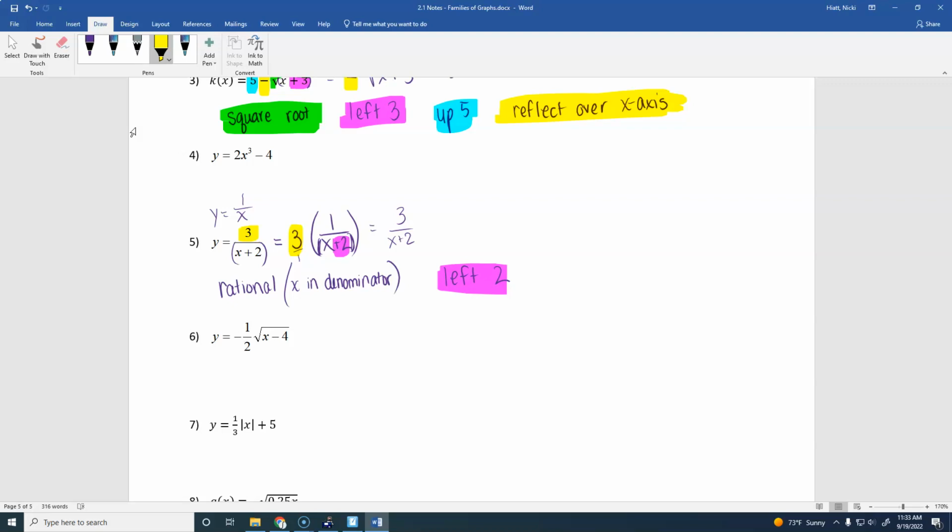So, Joshua, what do you think for that 3? Vertical. I'm going to use the word expansion by a factor of 3, but stretch is fine. Stretch is a word that you see sometimes.